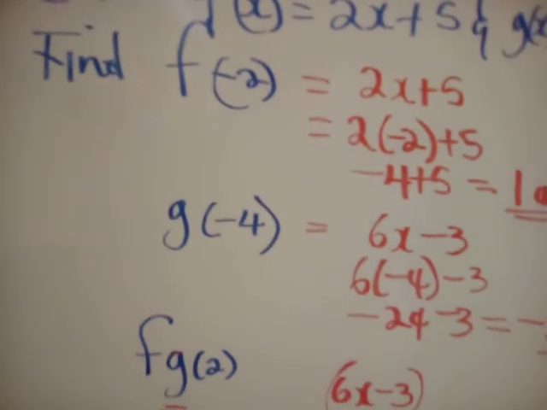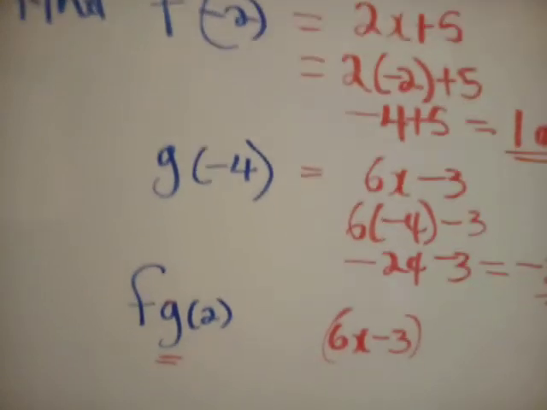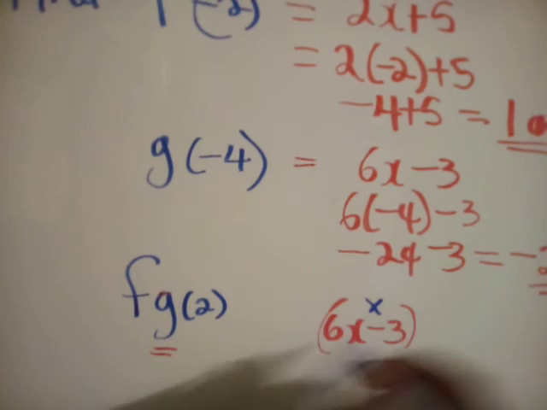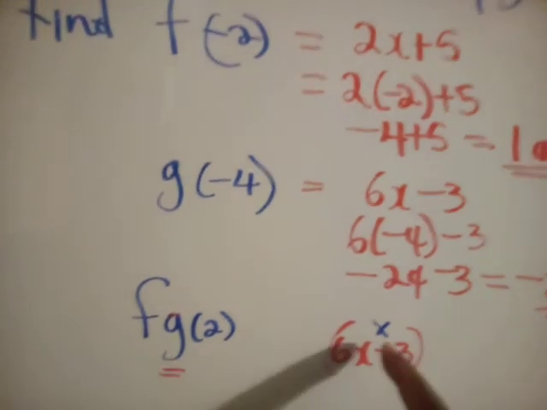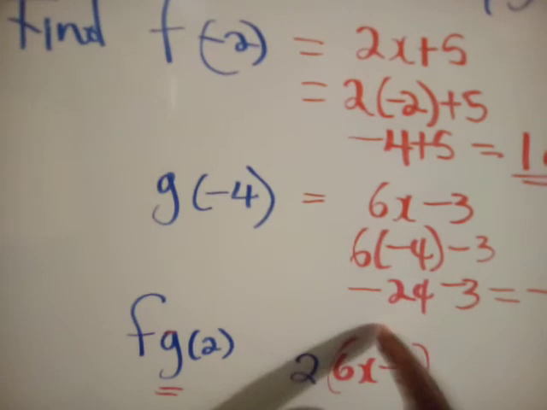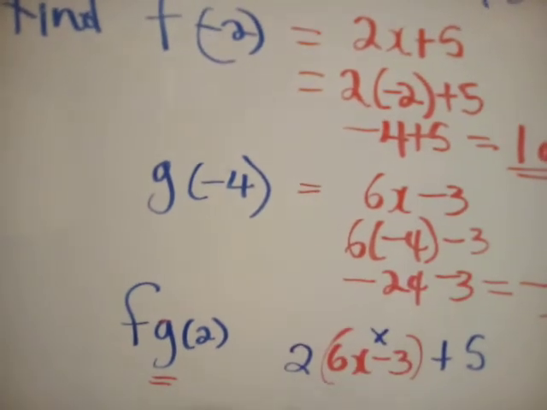Now this g now becomes x, and now we're going to be combining f. We're going to write back f in terms of this, so this becomes x, right? And now we're going to be writing f in terms of g. Now f says 2x plus 5. Now if this is x, so it will be 2 bracket 6x minus 3 plus 5. I will simply remove the bracket.